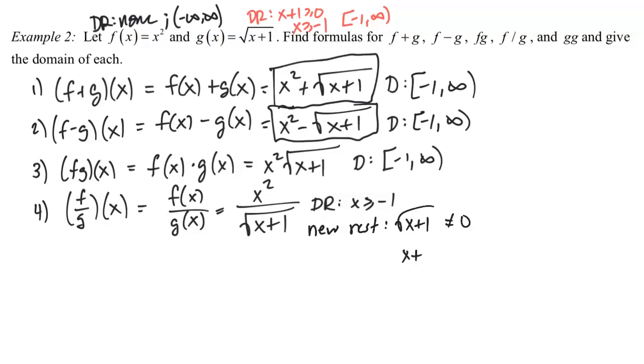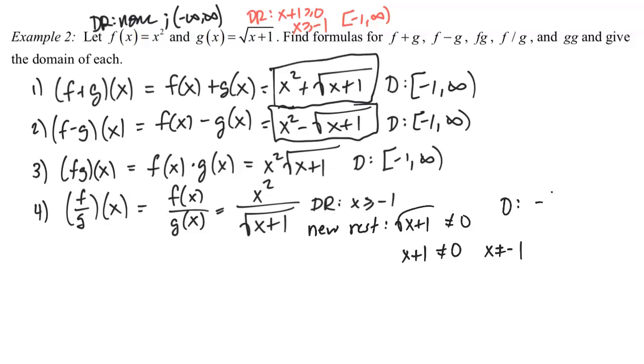If you square both sides, you're going to get x plus 1 cannot equal 0, which means that x cannot equal -1. And so by putting that square root of x plus 1 in the denominator, the domain of this quotient loses -1.